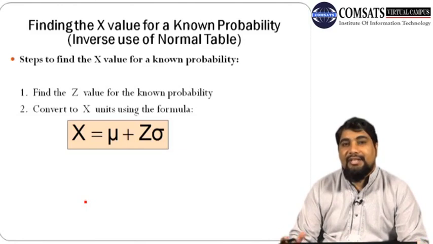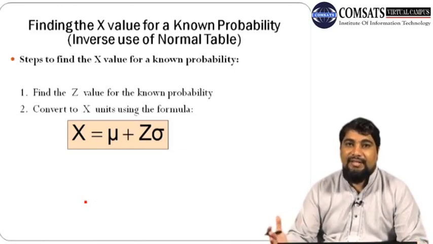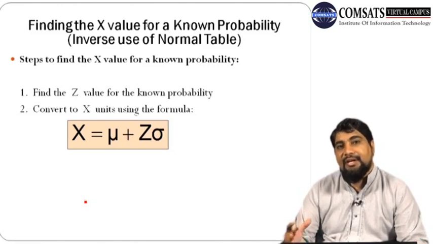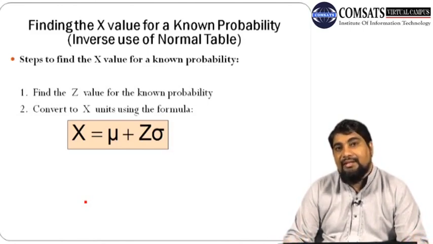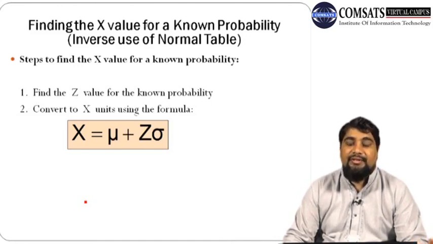Okay, so far we calculated probabilities corresponding to some given values of x. That is, what is the probability that x lies between a and b, or what is the probability that x is greater than 2, or x is less than minus 1, or x is between minus 2 and plus 1, etc. But now we are going to cover questions about finding the x values for a known probability.